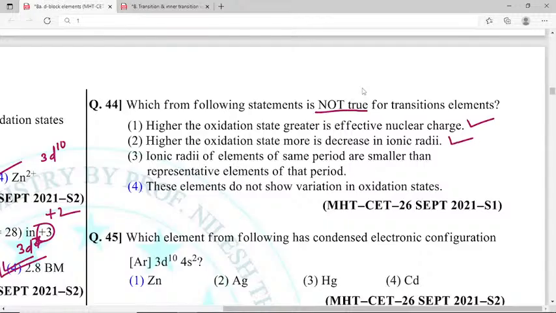Correct. Ionic radii of elements of the same period are smaller than representative elements of that period. Correct. These elements do not show variation in oxidation state. These elements do show variation in oxidation state, so this is not true.